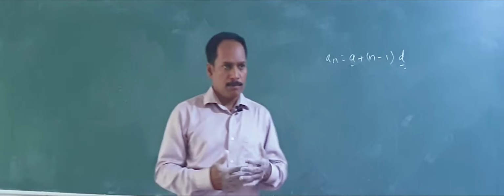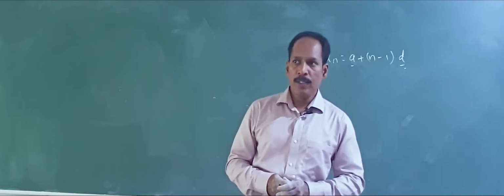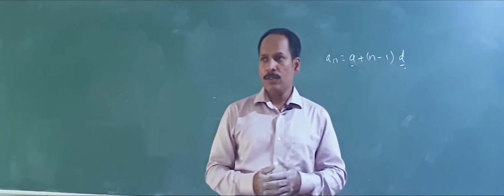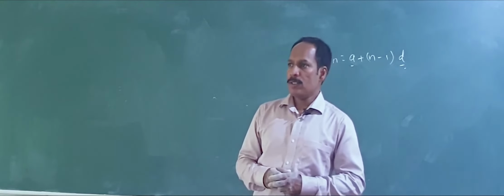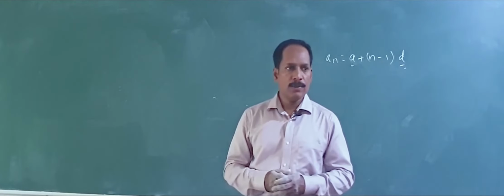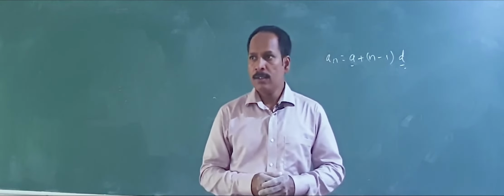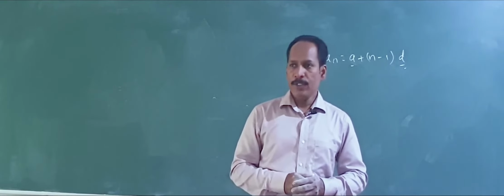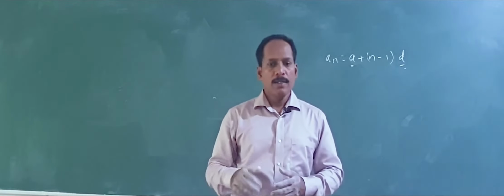Now the problem is how to find the sum of arithmetic progression terms. Let us take a typical example. Shakila puts 100 rupees in her money box in the first year, on her first birthday. In the second year she adds 50 rupees on her second birthday, and it goes on like this.